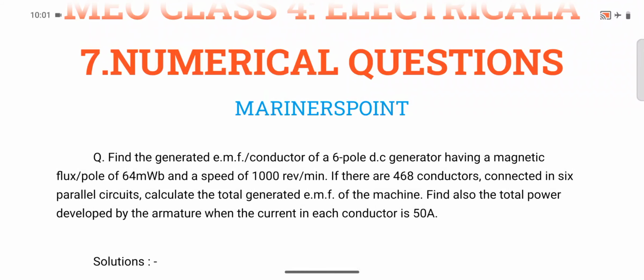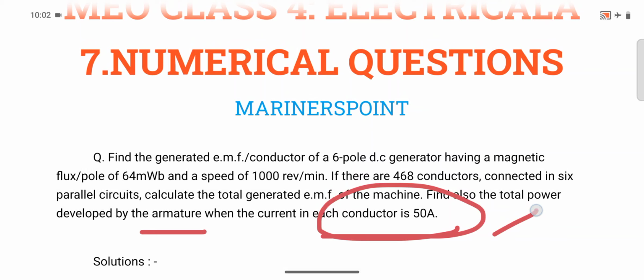Calculate the total generated EMF of the machine. Find also the total power developed by the armature when the current in each conductor is 50 ampere.